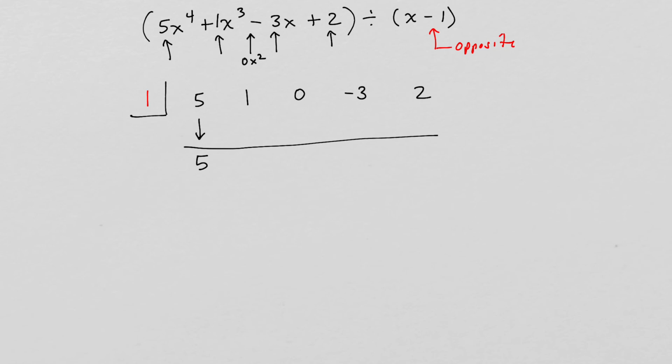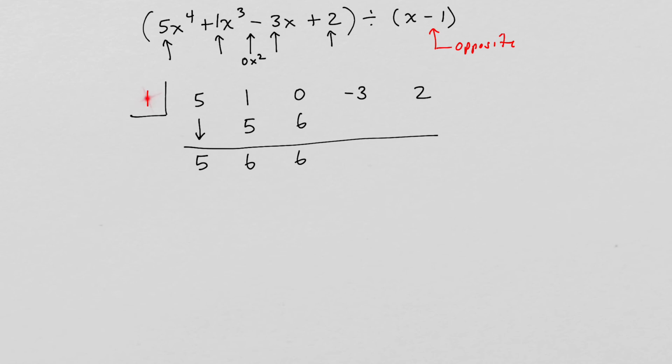And now the synthetic division process. We multiply 1 times 5. 1 times 5 is 5. And then we add 1 plus 5 here is 6. Repeat. 1 times 6 is 6. Add these numbers. 0 plus 6 is 6.